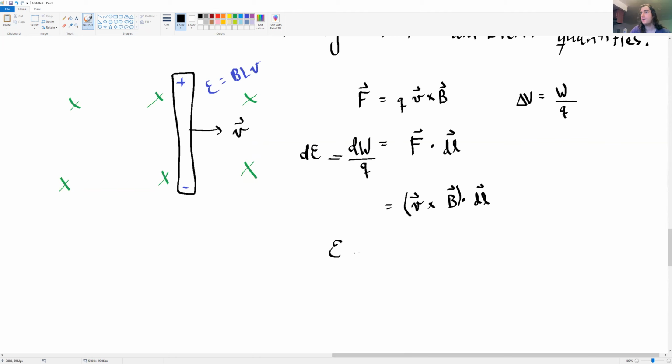And so if we want to know the EMF, we have to integrate over a closed loop, right? Remember all the way back from our definition of the potential difference, we always integrate on a closed loop like this. So this is our general expression for motional EMF, okay? So it's written in terms of the cross product of the velocity and the magnetic field coming from the Lorentz force.